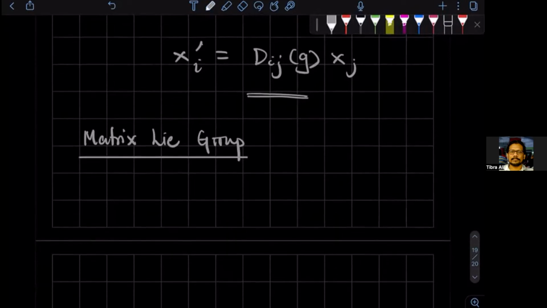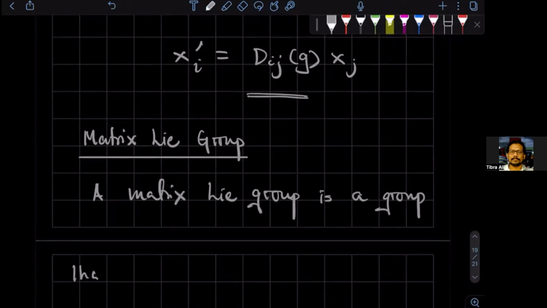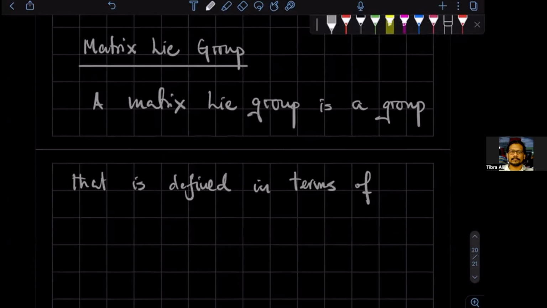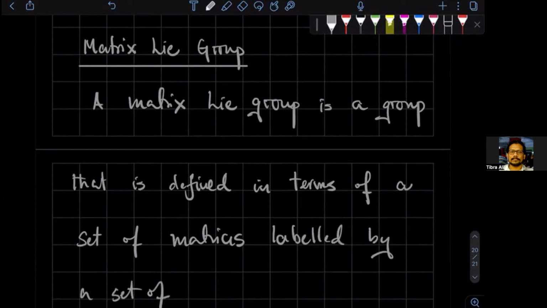A matrix Lie group is a group that is defined in terms of a set of matrices, I guess labeled by a set of continuous parameters.